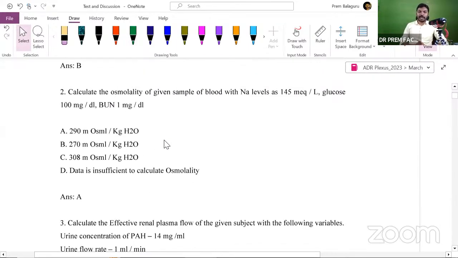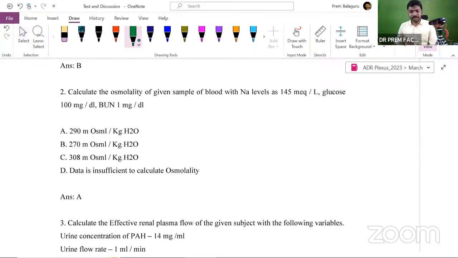Calculate the osmolality of a given sample of blood with sodium level given as 145 milliequivalents, glucose level given as 100 milligrams, and blood urea nitrogen given as 1 milligram per deciliter. How are you going to calculate osmolality? Now, doctors, in very simple terms, osmolality can be calculated using a simple formula: 2 into sodium levels.